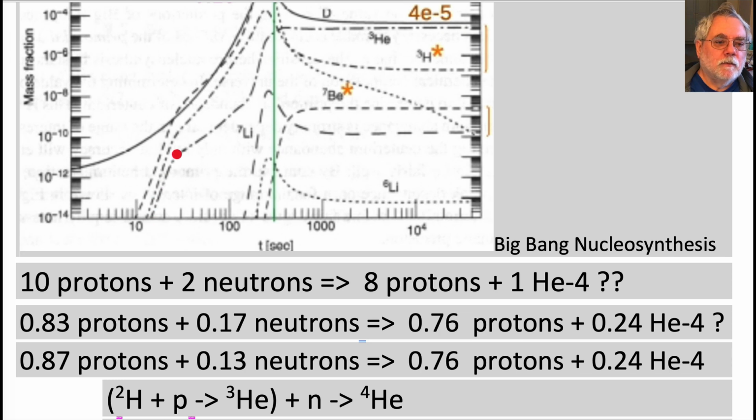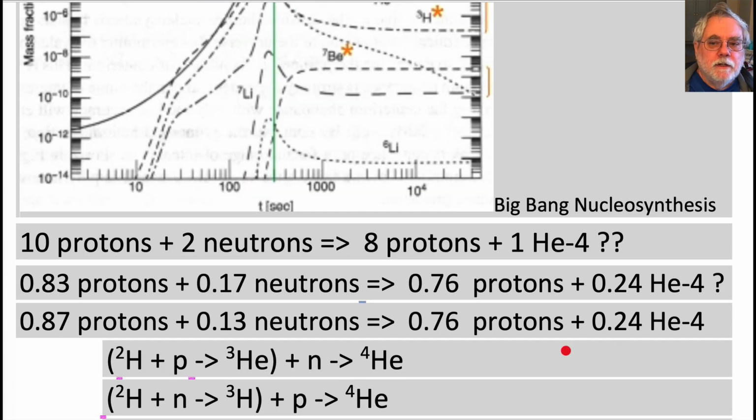This is the helium-3 curve. Or a deuterium nucleus can fuse with a neutron to produce a hydrogen 3 nucleus, which can then fuse with a proton to produce a helium 4 nucleus.